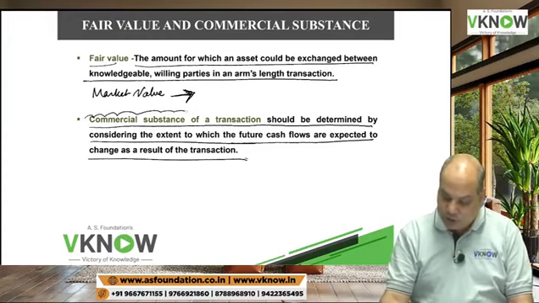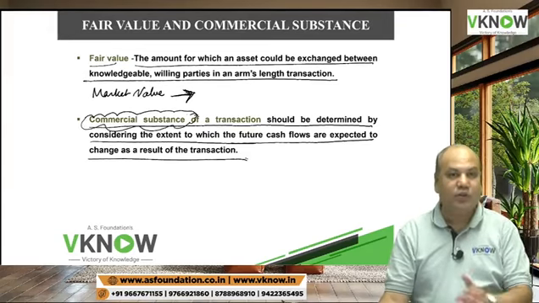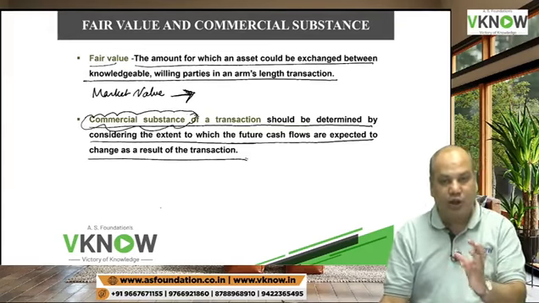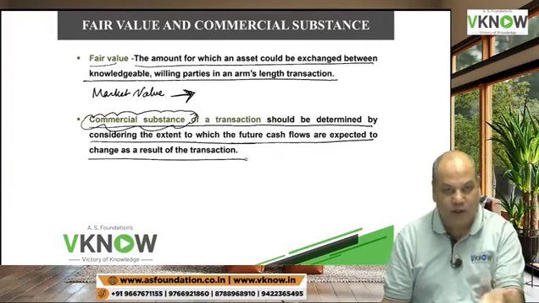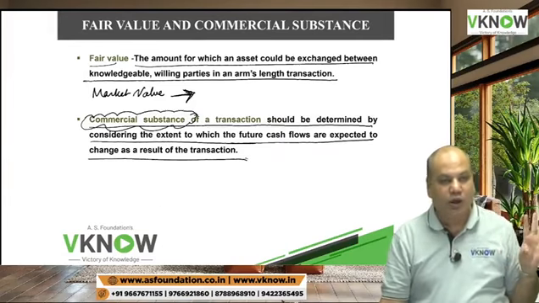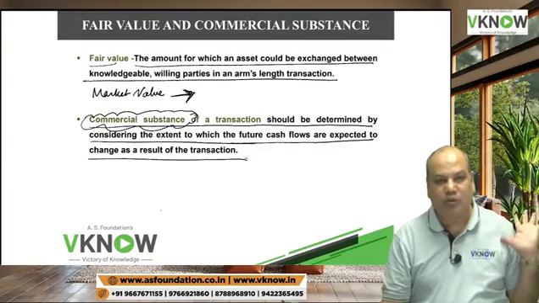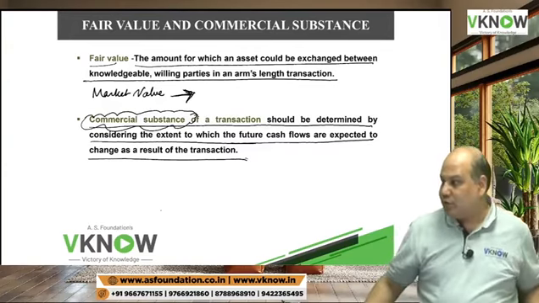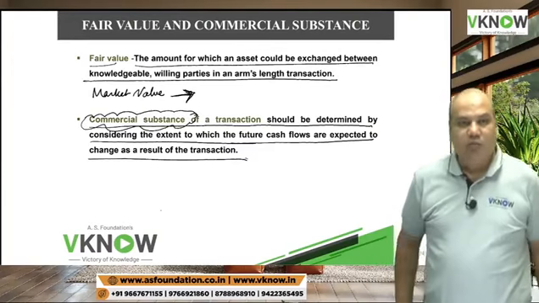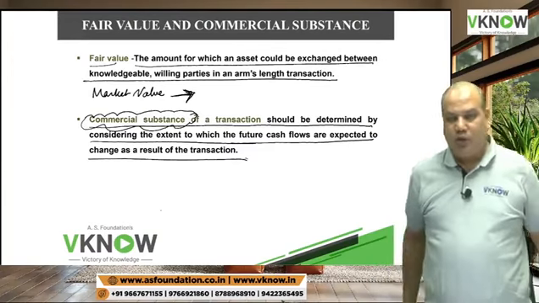When will a transaction have commercial substance? A transaction will have commercial substance if future cash flows are going to be affected by the transaction. If I take an Activa and give an Activa of the same model, no difference, it means my future cash flow will not be affected.